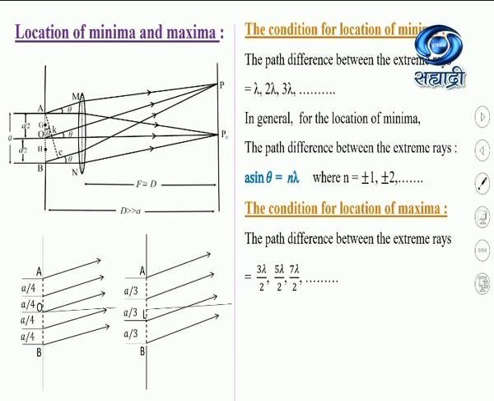So when we consider the extreme rays from the first two parts, that is from point A and point L, when they arrive at a certain point on the screen, they will have the path difference which is equal to lambda between them at that point. And if the path difference between these two extreme rays is lambda, then they produce destructive interference at that point.